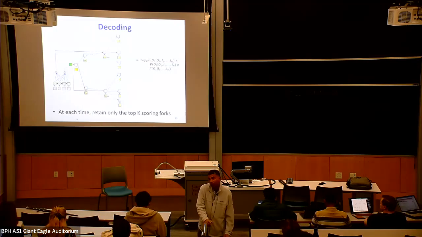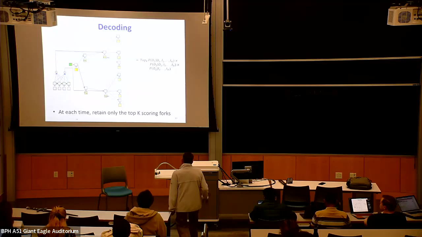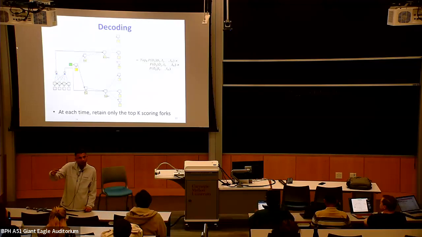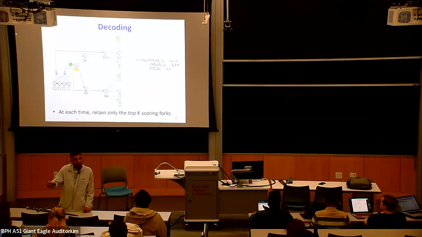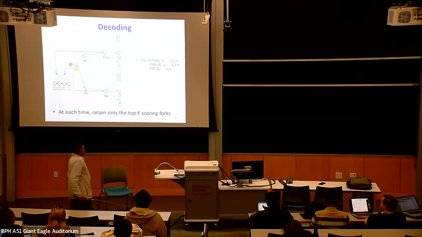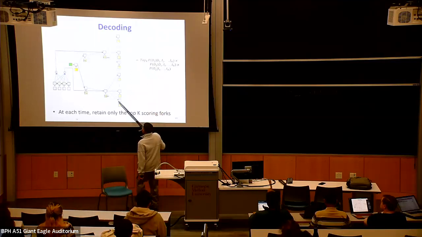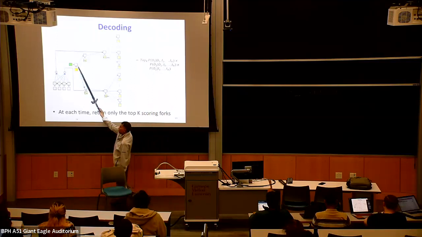Now, when you're choosing the top k, you're going to choose the top k based on the total probability over the entire path from the beginning to the latest word, and not merely based on the last word that you see, right? So the top k are going to be chosen based on this product, which is the product of the probabilities going all the way to the beginning.